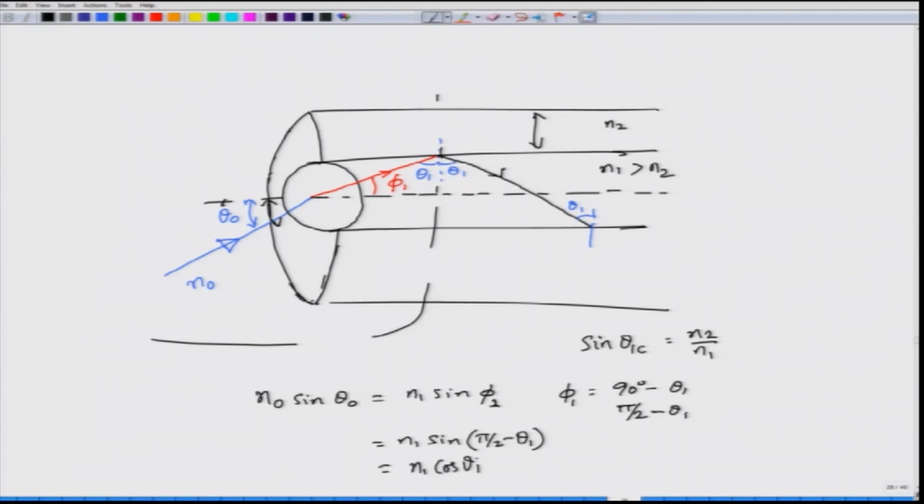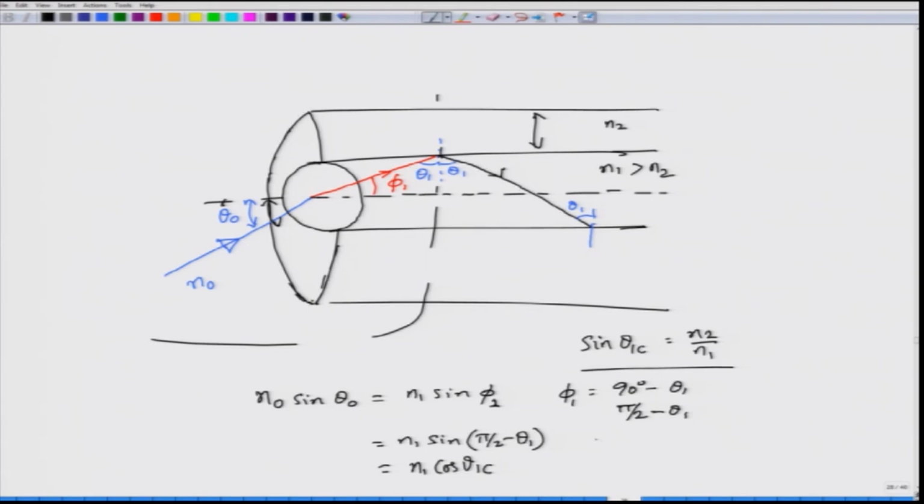And as I have told you, if I look at this ray of light which is at the core cladding interface just at the critical angle, when theta 1 becomes equal to theta 1 c, sin theta 1 c is N2 by N1, and I will make theta 1 as theta 1 c, for whatever the value of theta 0 that this happens.